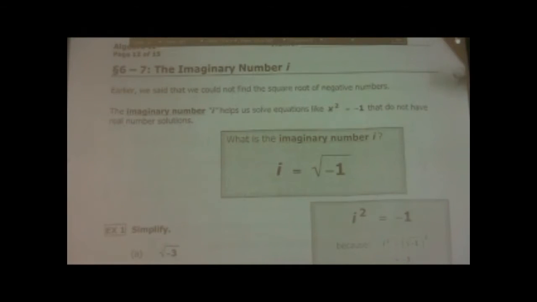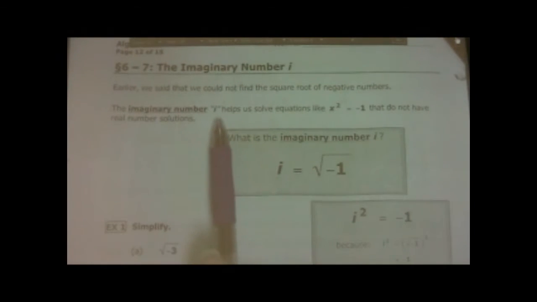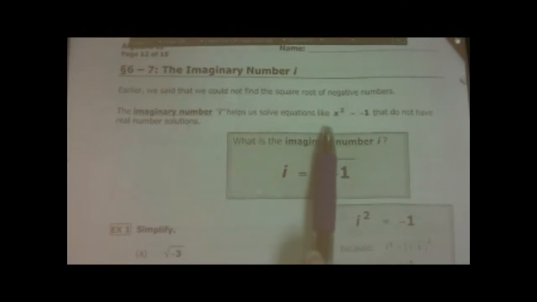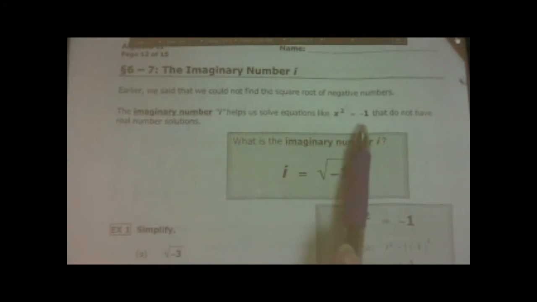First of all, the imaginary number i helps us solve equations like x squared equals negative 1. Remember, if we took the square root of both sides, we would have the square root of negative 1 over here, and that is not a real number, and so we would say no real solutions. Well, now we are going to learn a way that we can solve this using imaginary numbers.